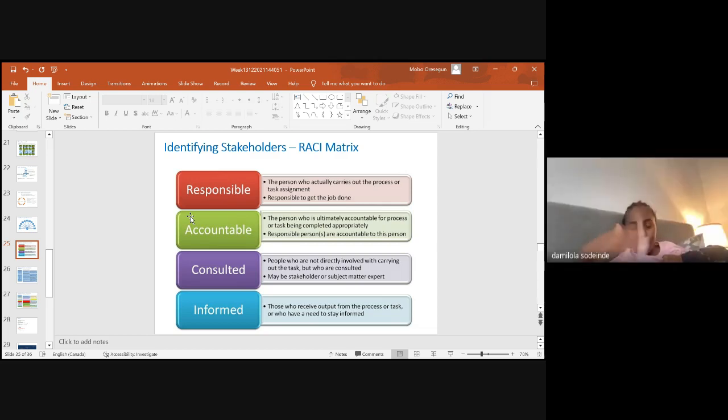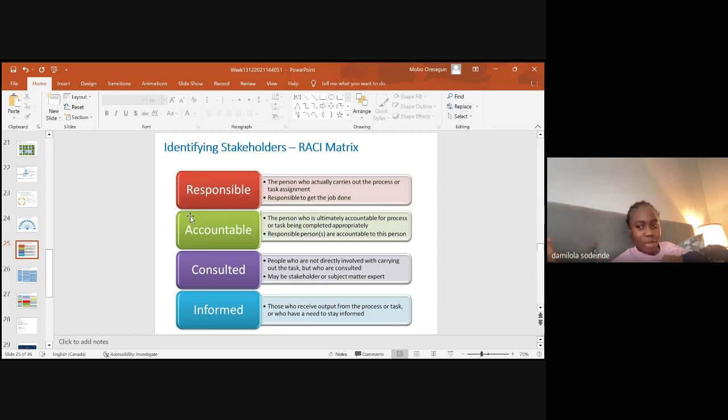So I think I'm going to start from informed. I think all stakeholders should be informed because at the end of the day, whatever the solution is affects everyone across the board. As for the stakeholders being consulted, like you previously said, not everyone is needed on that particular task.